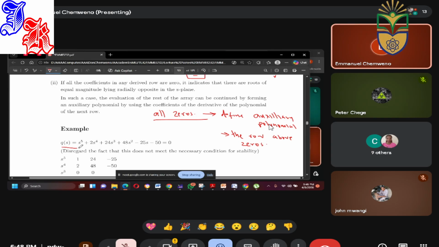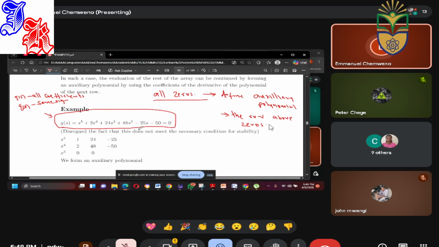Now we have an example here, and it may not be the best example because first, the two conditions: Q of S, same sign. And the second condition, all coefficients must exist.